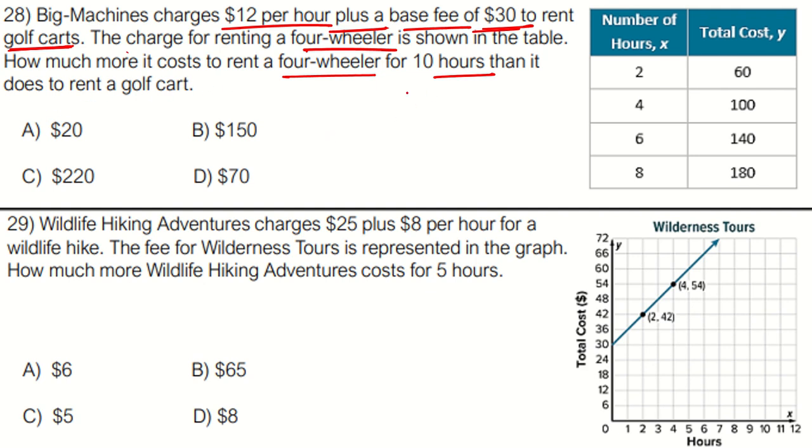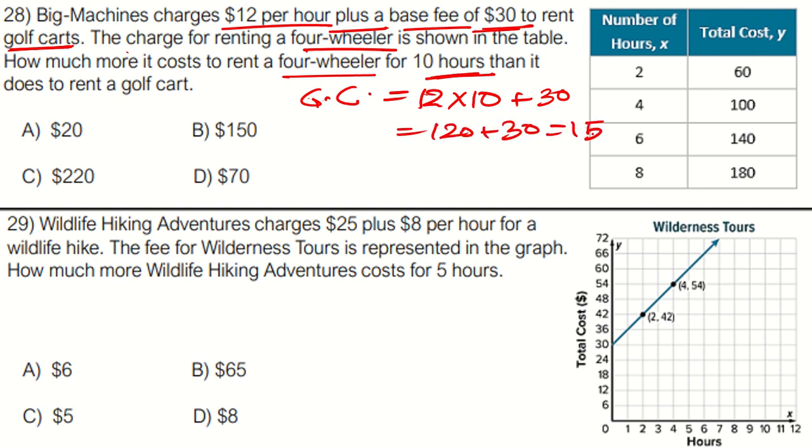See, we are dealing with 10 hours. First they are saying $12 per hour. I'm writing golf cart as GC. 12 per hour means $12 for 1 hour, so they are charging for 10 hours plus a base fee of $30. So how much is it? 12 times 10, 120, plus 30.